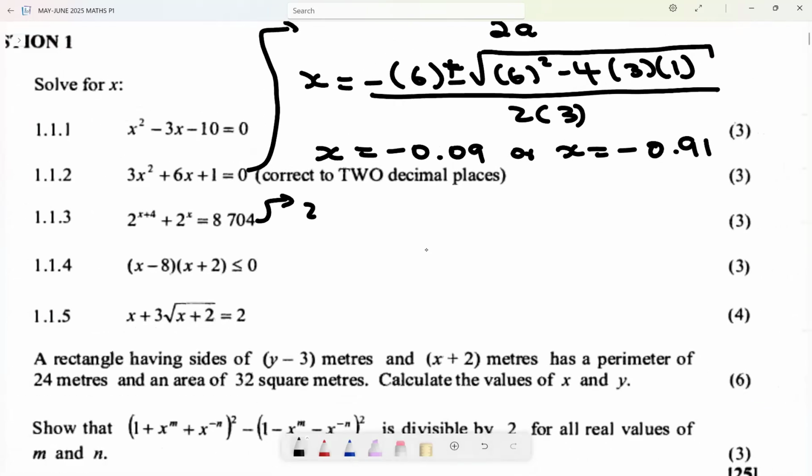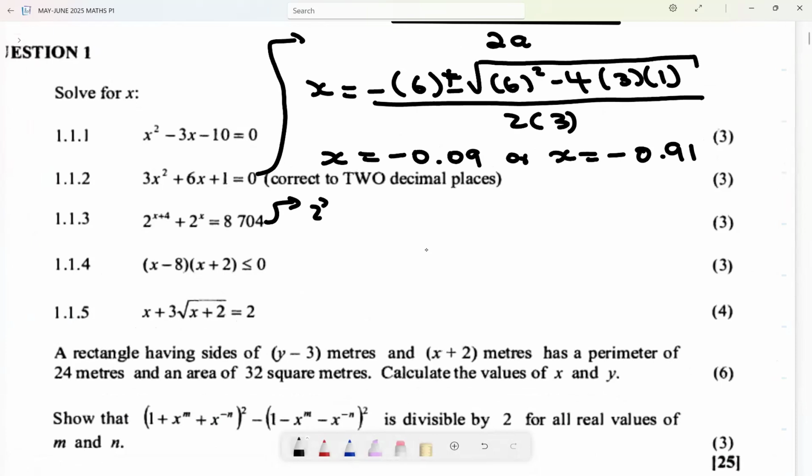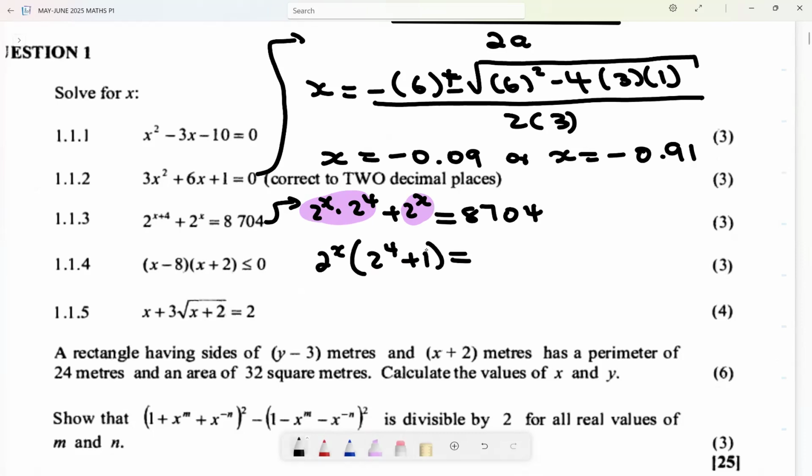Let me minimize. I have 2 to the power of x multiplied by 2 to the power of 4, plus 2 to the power of x, equal to 8704. Since this is one term and this is another term, I can take out the highest common factor of 2 to the power of x. It's going to be 2 to the power of x times (2 to the power of 4 plus 1), which is equal to 8704.